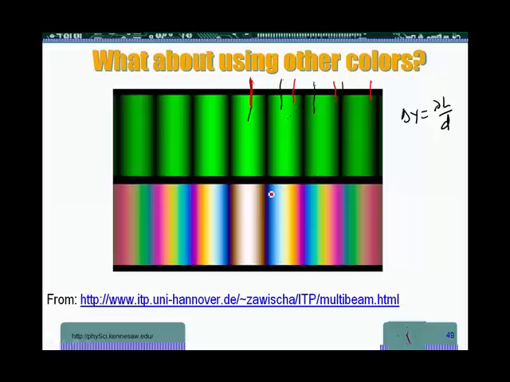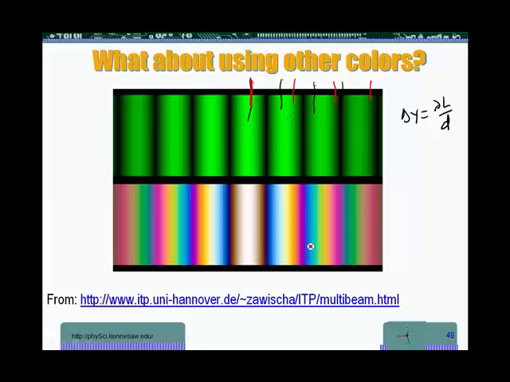And that's why you see the colors here with some red coming out. The blue gives constructive interference, and then red the further out.